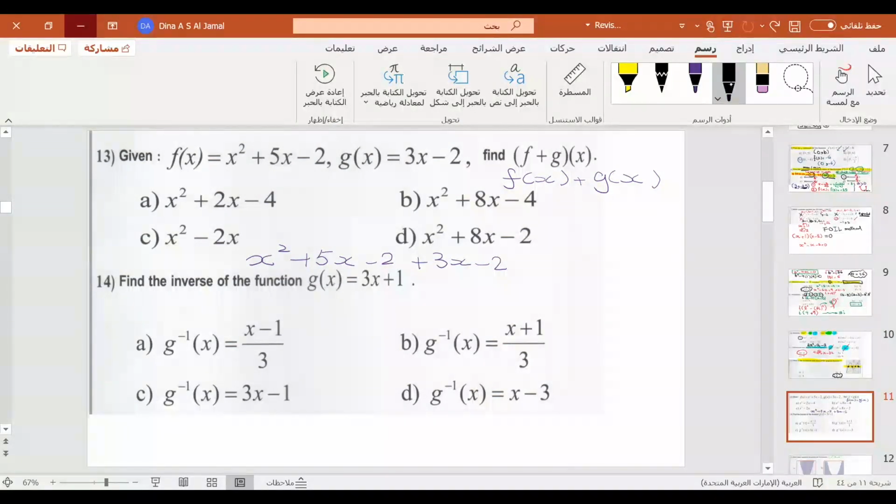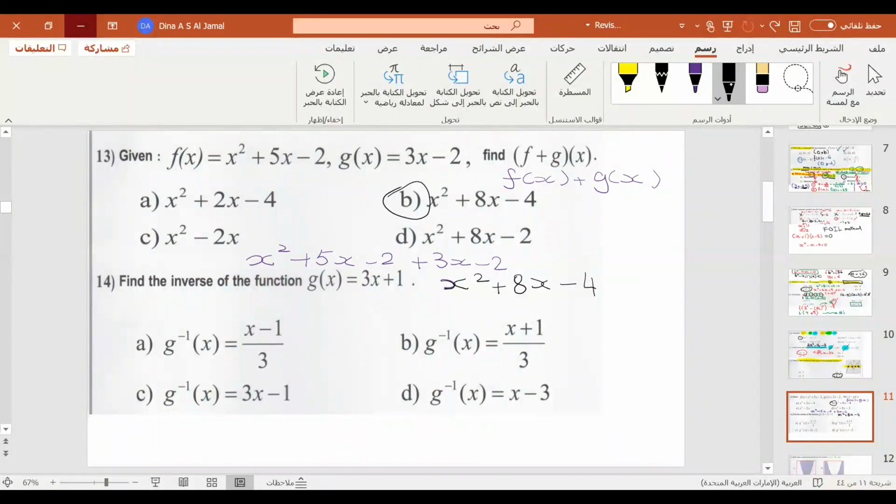Go to the like terms and combine them together, so it will be x squared plus 8x minus 4. And this will be your option B.